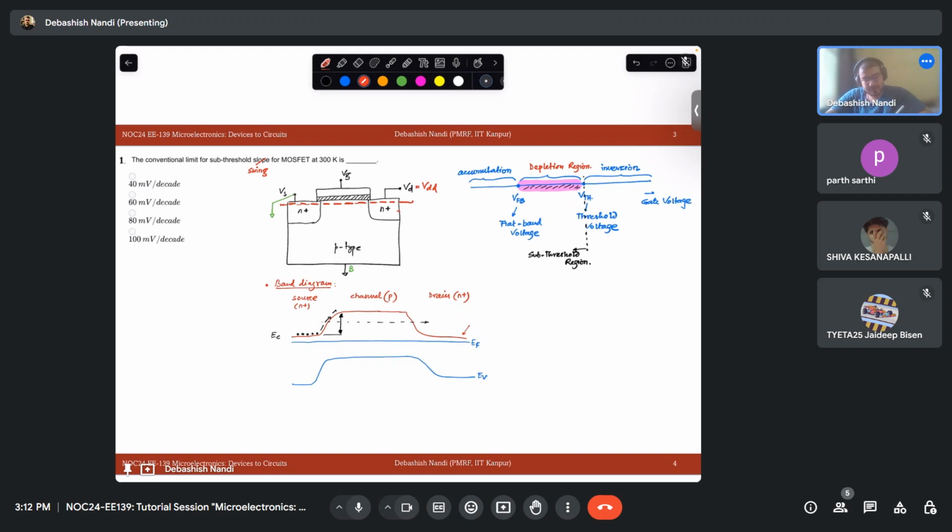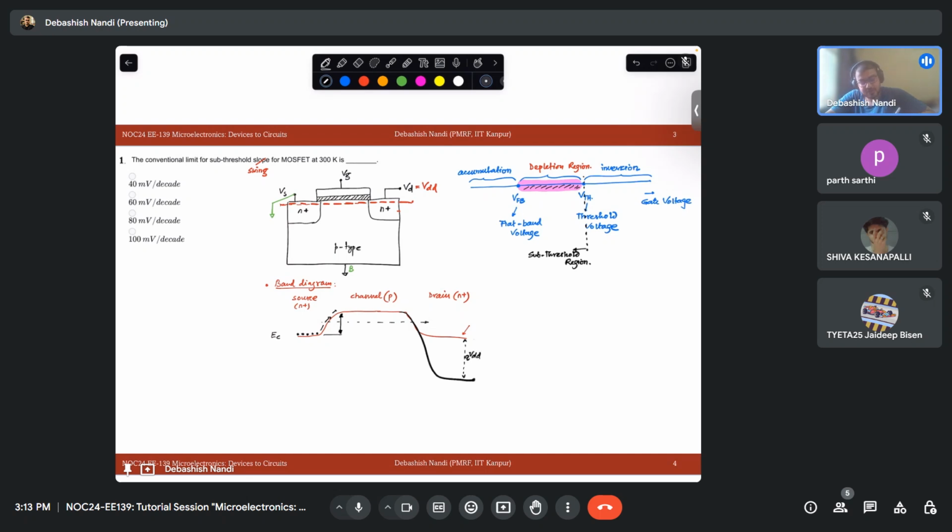So what will happen? Your band diagram will be something like this. If I just ignore EF and EC and focus on this, this will be your qVDD.